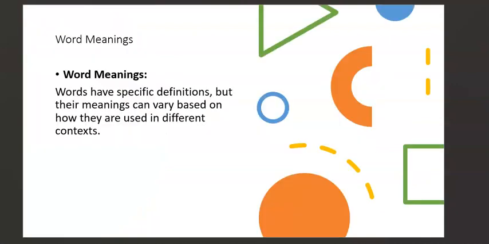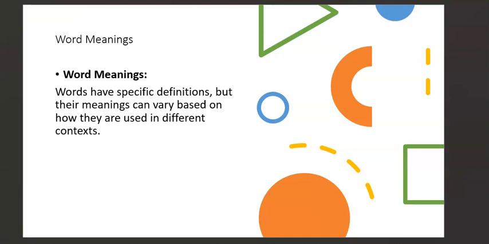So what is word meanings? Word meanings are specific definitions, but their meanings can vary based on how they are used in a context. Again, a word meaning is just a specific definition of a term. If I have a specific word and I want you to describe the term for me or tell me what the word means, sometimes you can directly tell me because you understand it, but sometimes it's really hard because you find some words are the same.